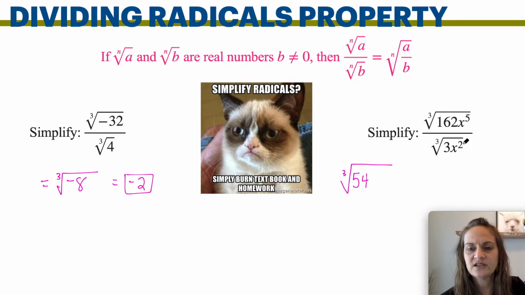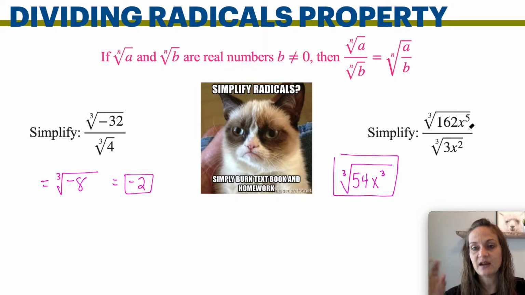And then x to the 5th minus x squared is x to the 3rd power. Back in algebra, we discussed that when you have bases that are divided, the exponents are actually subtracted. So x to the 5th divided by x squared, 5 minus 2 is 3.